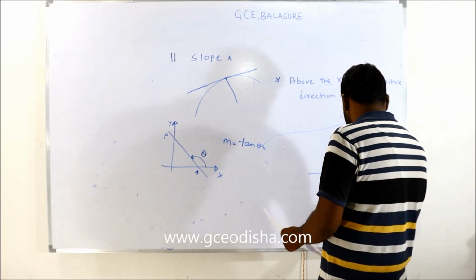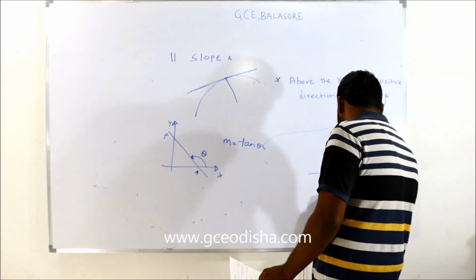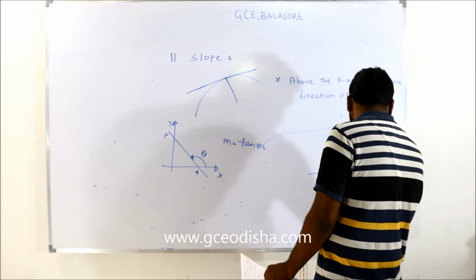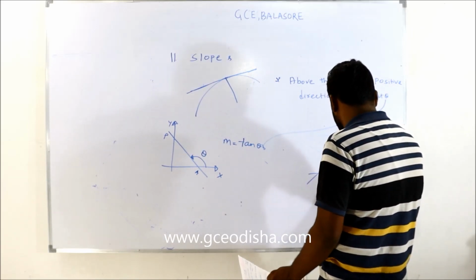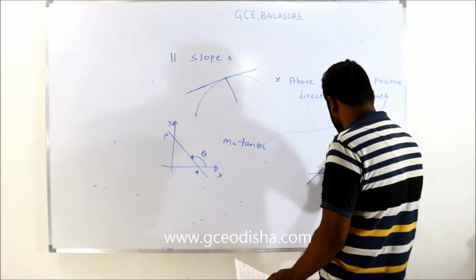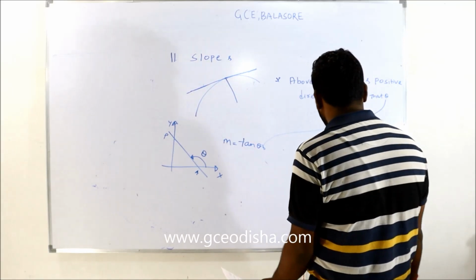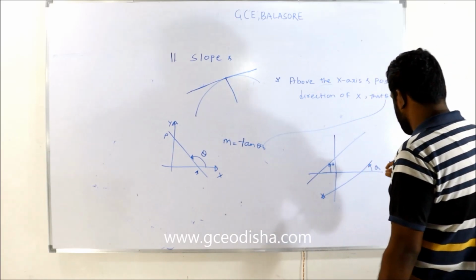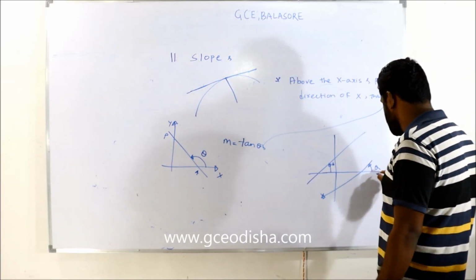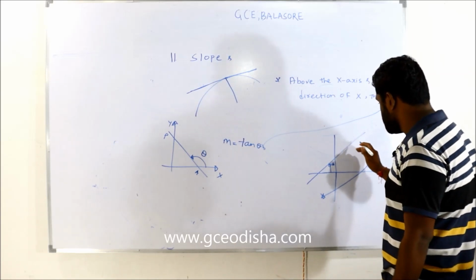Like this line, if the line is like here, then this is the angle theta. What angle does it make with the positive direction of the x axis? This is the positive direction of the x axis.